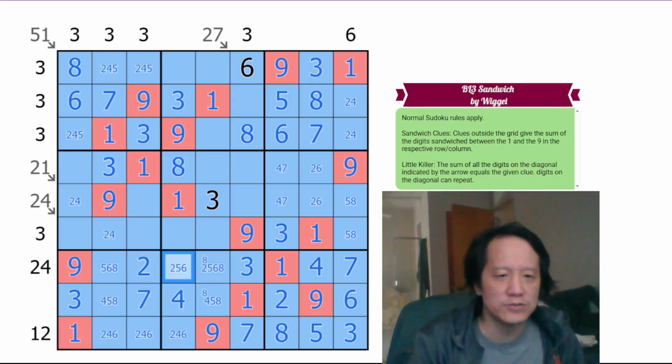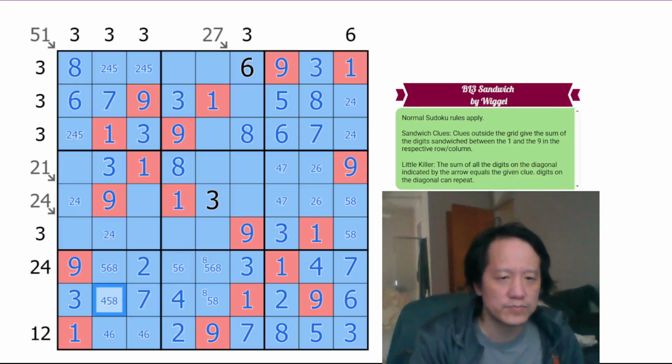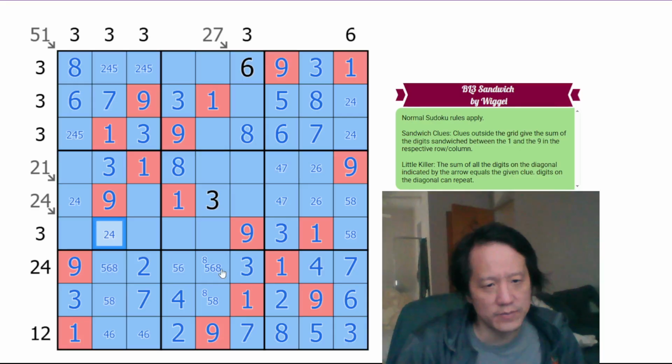So that eliminates 2 in the rest of the box and the row. So this becomes a 4-6 pair, which eliminates 4 and 6 in the rest of the row. So this is 2. This 4 eliminates 4 in the rest of the row. So this adds up to 9.